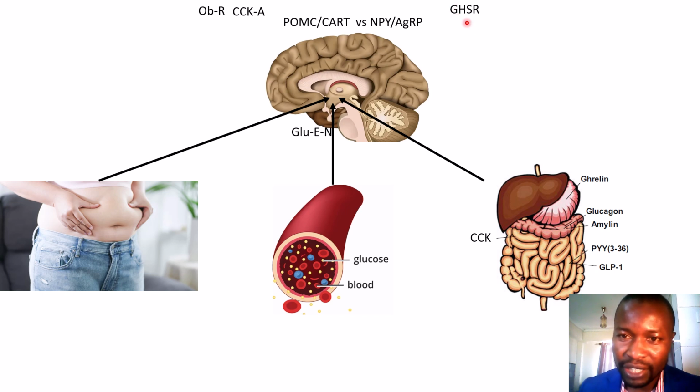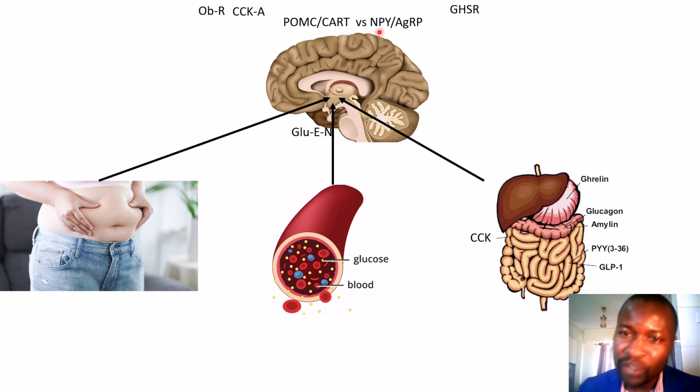Whenever you have activation of this receptor, it causes the synthesis of neuropeptide Y and AGRP. These two activate the hunger drive. So you go into a hunger drive, they activate hyperphagia, and you end up eating. So that's how they activate.